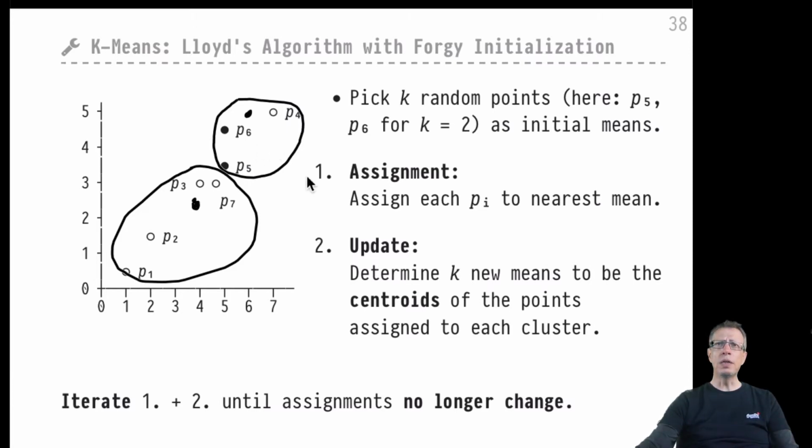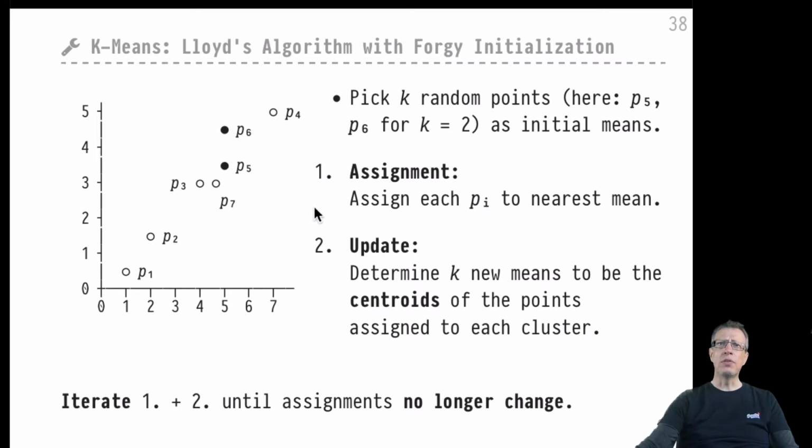So that would be the iterated assignment and then the update of the actual current centroids for each of the clusters that we've defined, in iterative fashion. This will go on until the assignments of points to clusters no longer change. If the assignments no longer change, then the centroids will no longer change, everything becomes stable, and the assignment that we have found so far would then be the output of this particular algorithm.